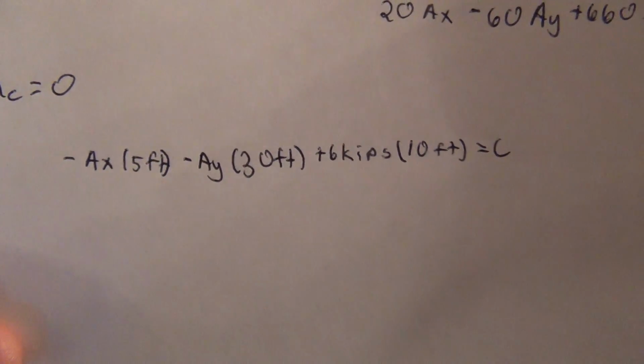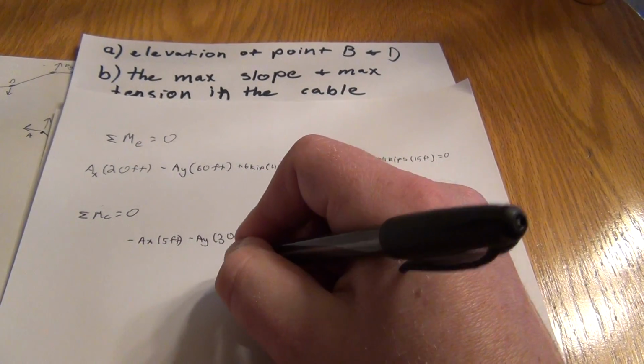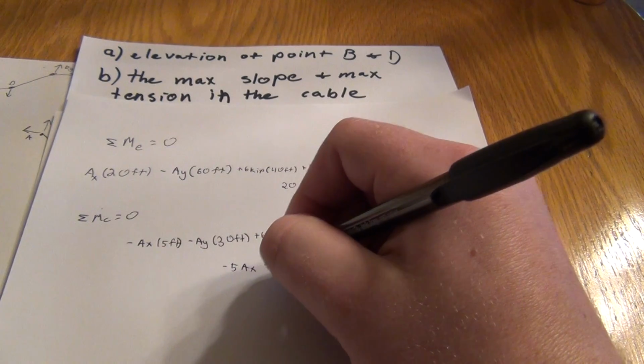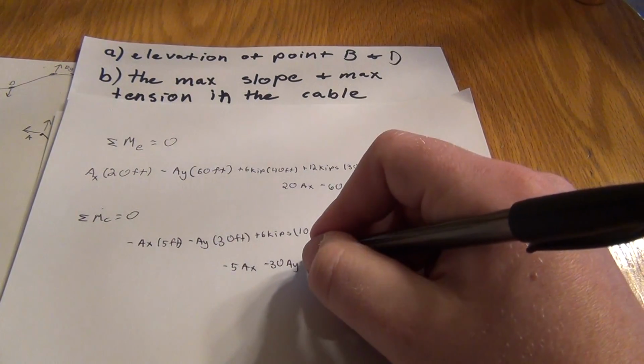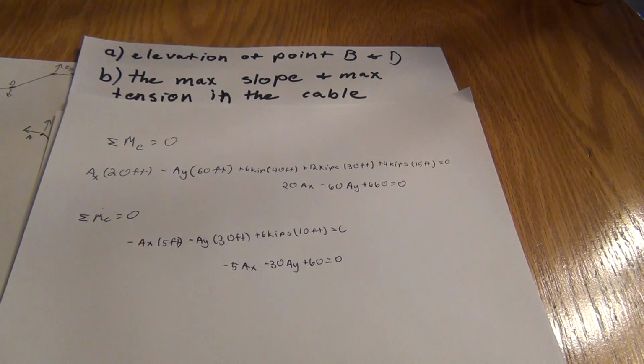So let's simplify this. You end up with negative 5 AX minus 30 AY plus 60. That's going to equal 0.